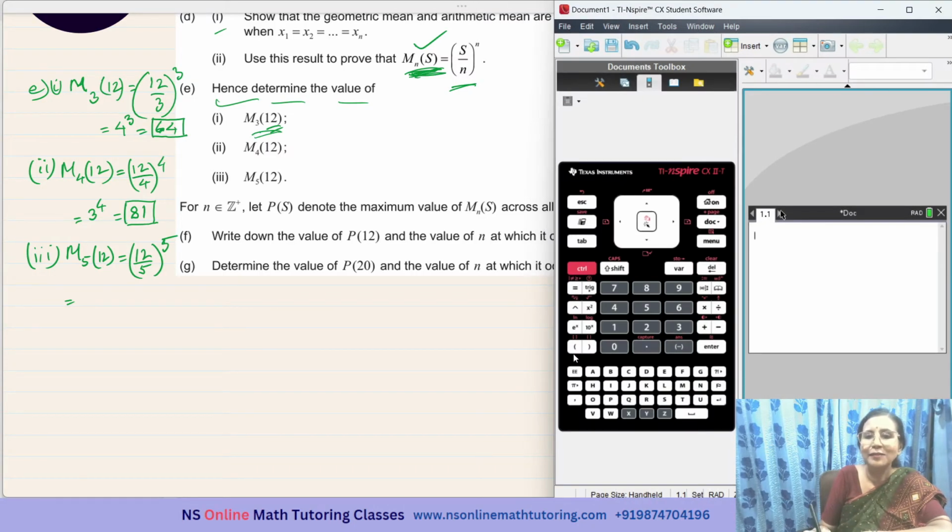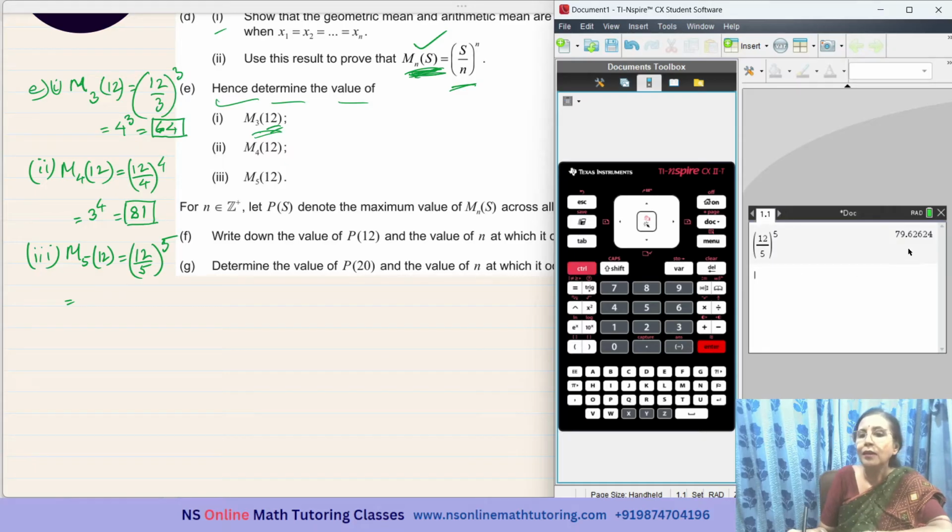So it is 12 over 5 raised to the power of 5. And I have to get a decimal value. So control enter.